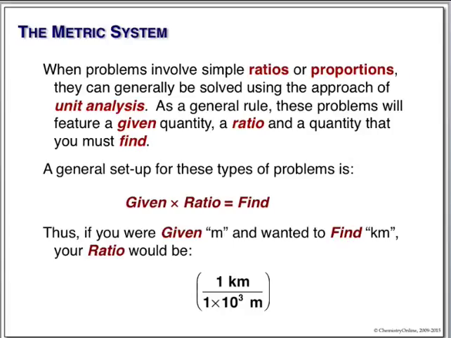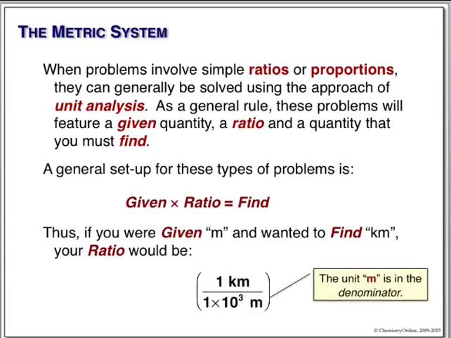If we were given some number in meters and we wanted to find kilometers, you would need a ratio that related kilometers and meters. Kilo's 1,000, and this is one of the ratios we could write. 1,000 meters is 1 kilometer.